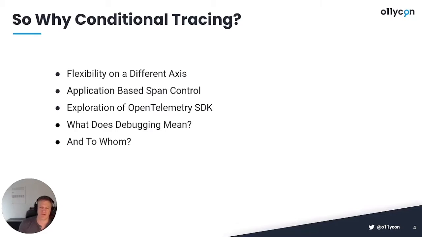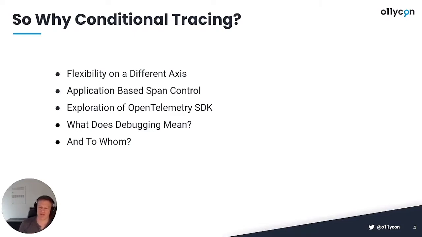So conditional tracing is flexibility to change the way that tracing works. In particular, it's a way to change how tracing works based on behavior coded by the application. That is, it's not being done by an OpenTelemetry collector or any kind of exporter outside of the system.